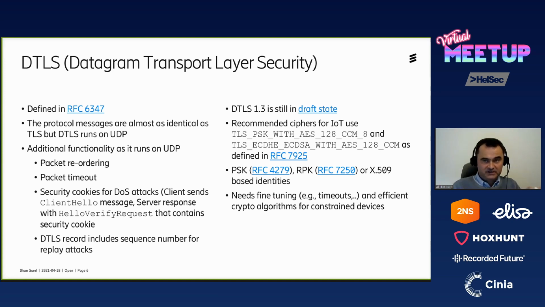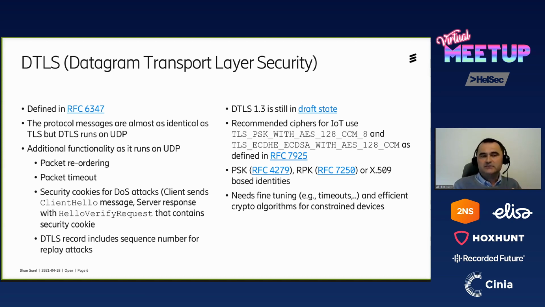Of course, when we look at RFC 7925, you will see some recommended ciphers. Before I go into PSK, raw public key and X509-based identities, I'm sure that those who have been in the IoT domain may be familiar with DTLS, because the LWM2M protocol runs on top of CoAP, which runs on top of DTLS.